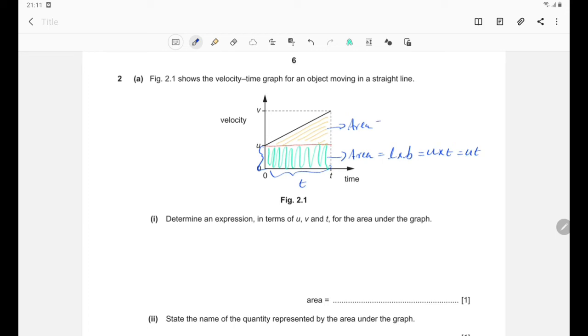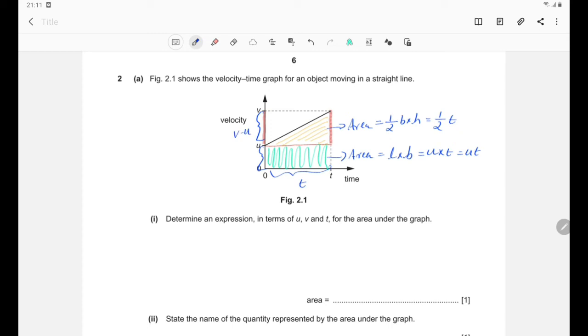Likewise, the area of triangle, half into base into height, where base is t, as you can see. But what is height of the triangle? Height of the triangle is this height. So this height will be same as this height, and this length will be v minus u.